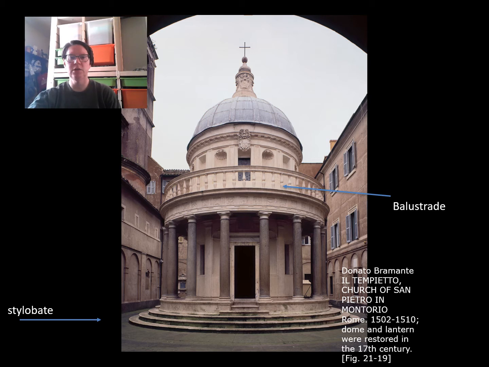For example, here you see the stylobate at the stairs, right here. The stylobate itself is one that you can enter the temple from any side. That's a Greek ideal, a classical Greek ideal. The balustrade is right here.